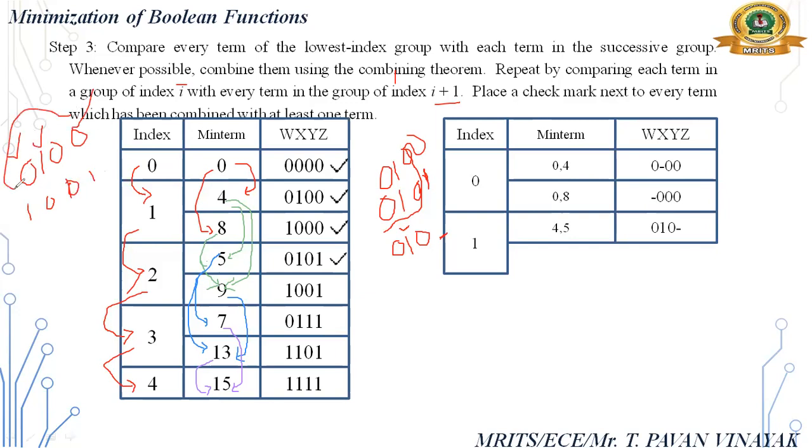Total three terms are changed. So 4 and 9 is not possible. Next, 8 and 5: don't check 8 and 5 because it is a smaller value. Next, check 8 and 9.